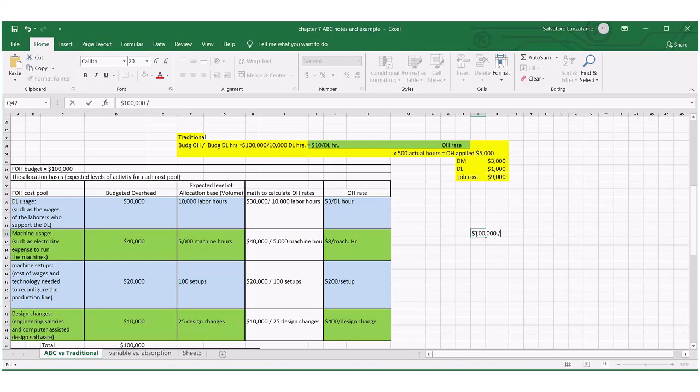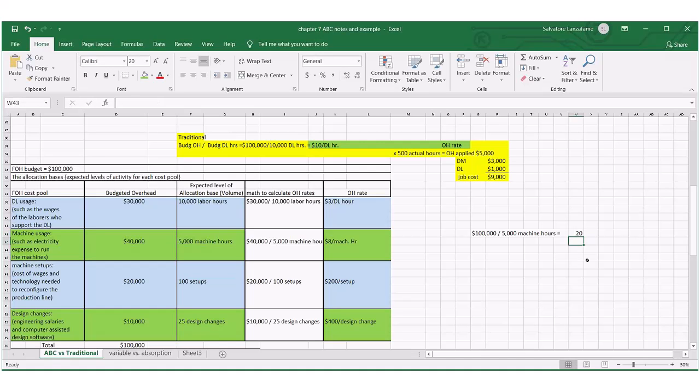So $100,000 divided by 5,000 machine hours. So there's my budgeted overhead divided by my budgeted volume. So let's see what we get for a rate there. $100,000 divided by 5,000.